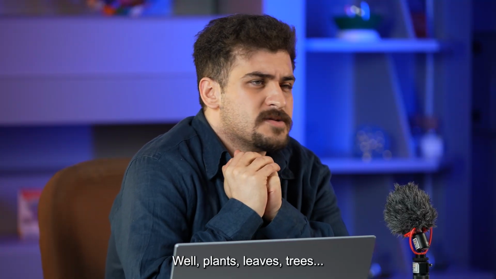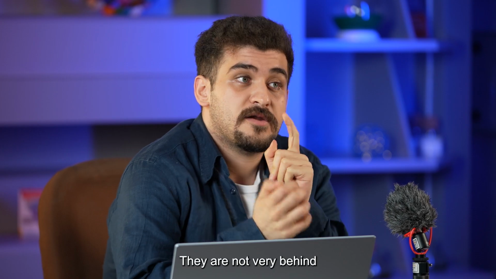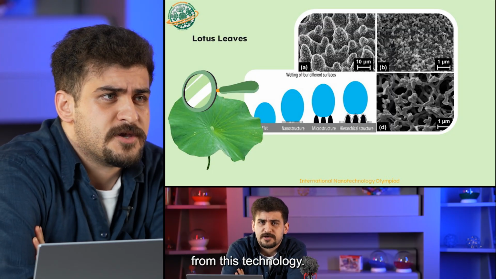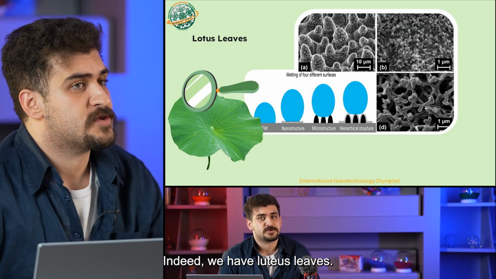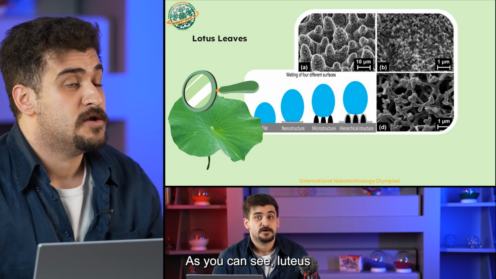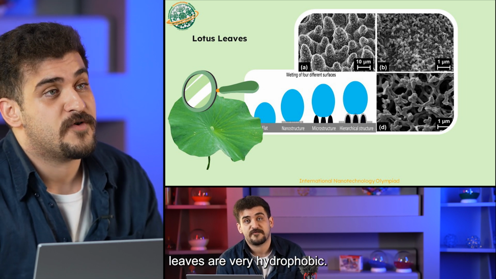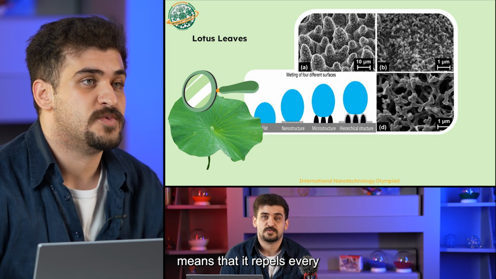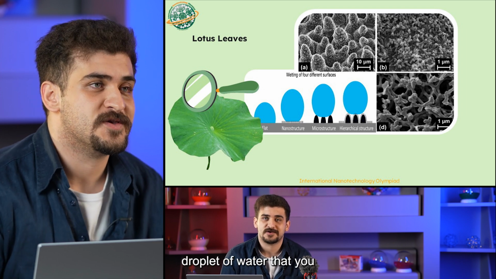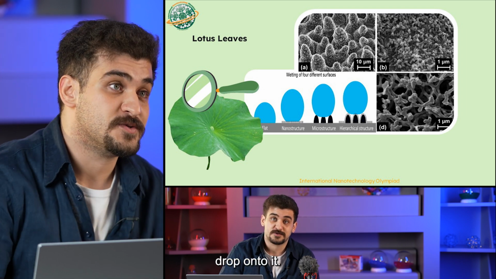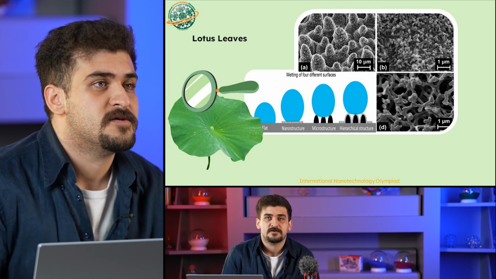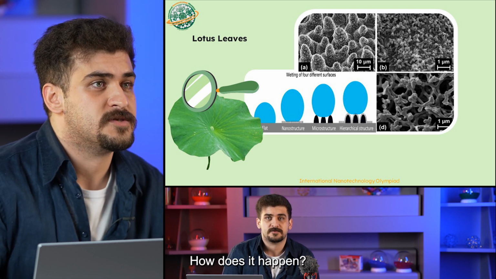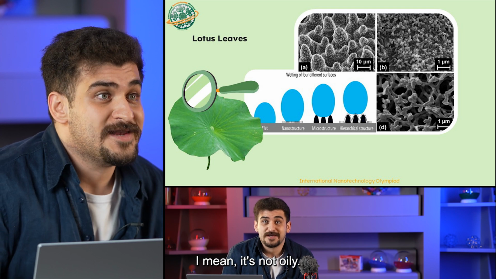How about the green world? Well, plants, leaves, trees, they are not very far behind in this technology. Indeed, we have lotus leaves. As you can see, the lotus leaf is very hydrophobic. It means that it repels every droplet of water that you drop onto it. Fascinating, right? But how does it happen? I mean, it's not oily.